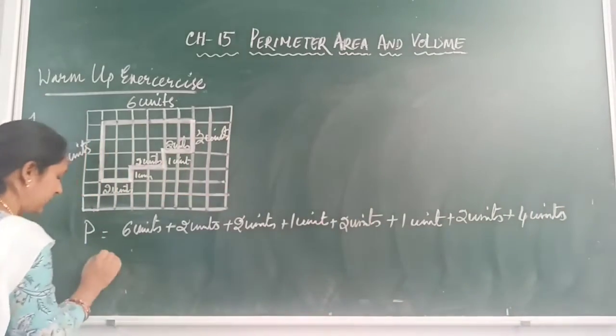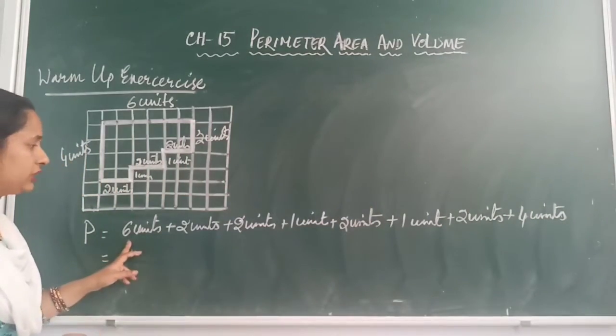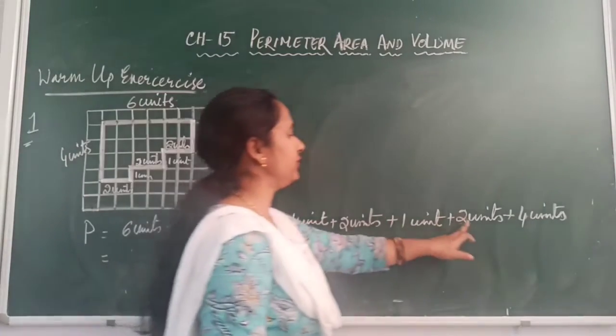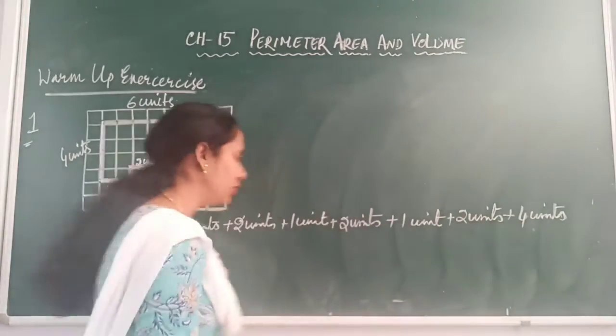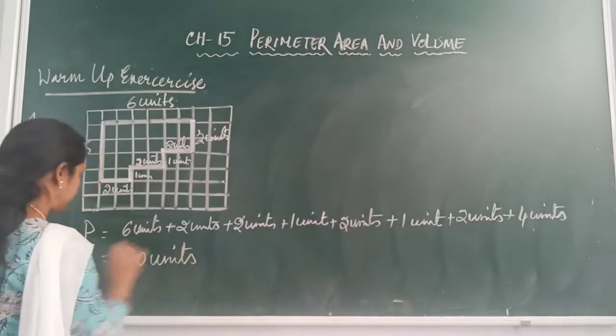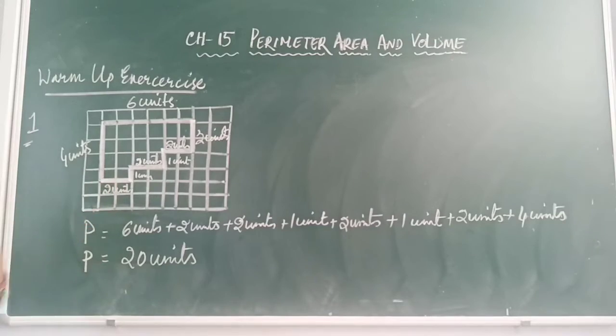Okay, now find the total sum of all these units. 6, 7, 8, 9, 10, 11, 12, 13, 14, 15, 16 plus 4 is 20. So a total of 20 units is the perimeter of the given figure.